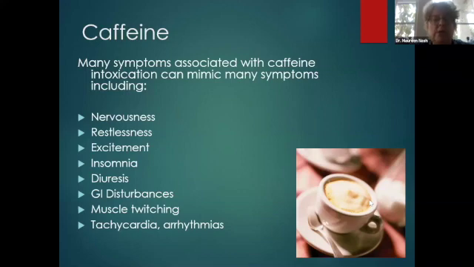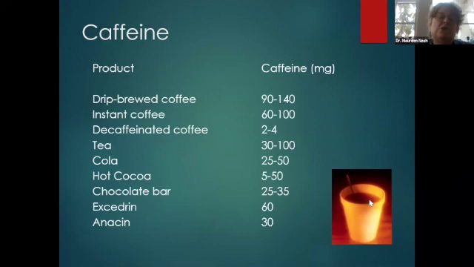Caffeine, similarly, these are some of the symptoms that go along with caffeine. And caffeine intoxication can actually really mimic many cardiac diseases, in fact, and some neurological diseases. I thought this was sort of interesting, a comparison of how much caffeine is in each one of these products.